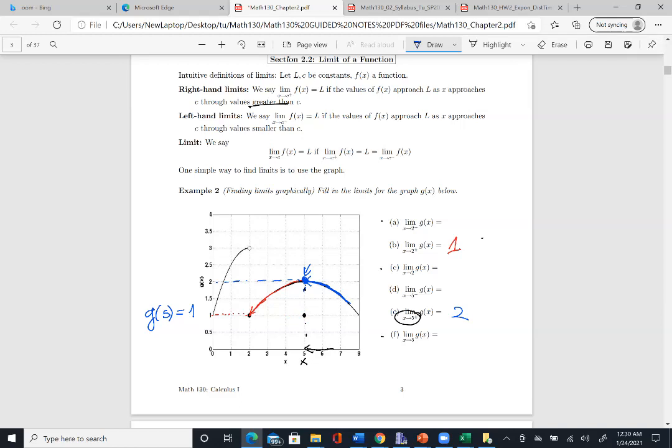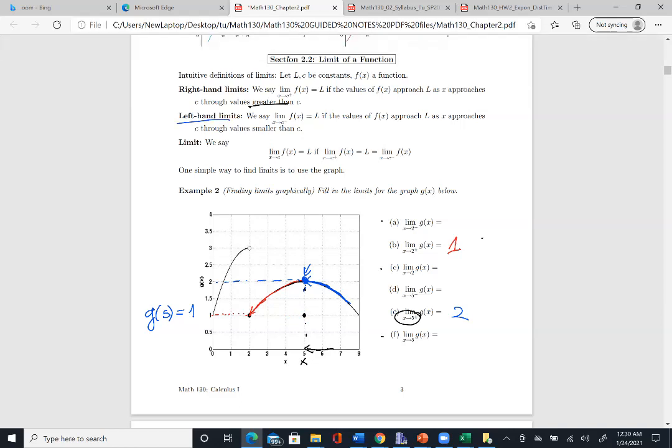All right, so now we're going to talk about the left-hand limits. We say the limit of f(x) when x goes to c minus, which is c from the left-hand side, equals L if the value of f(x) approaches L as x approaches c through values smaller than c.